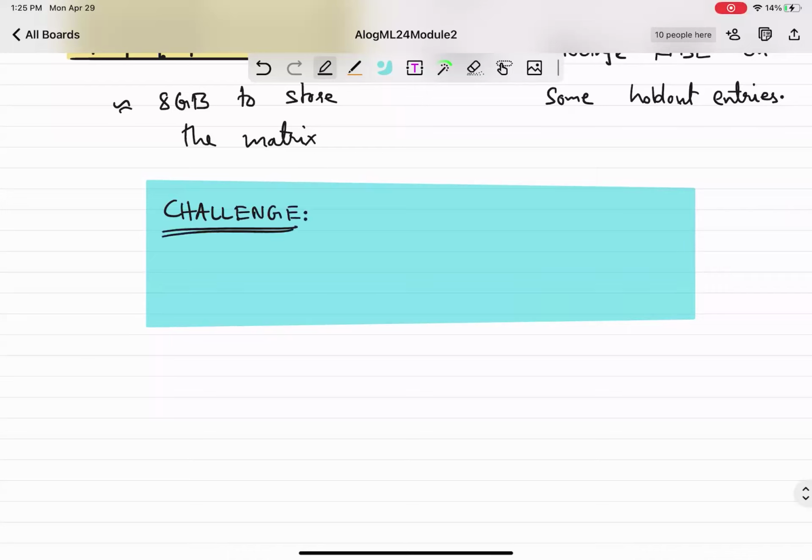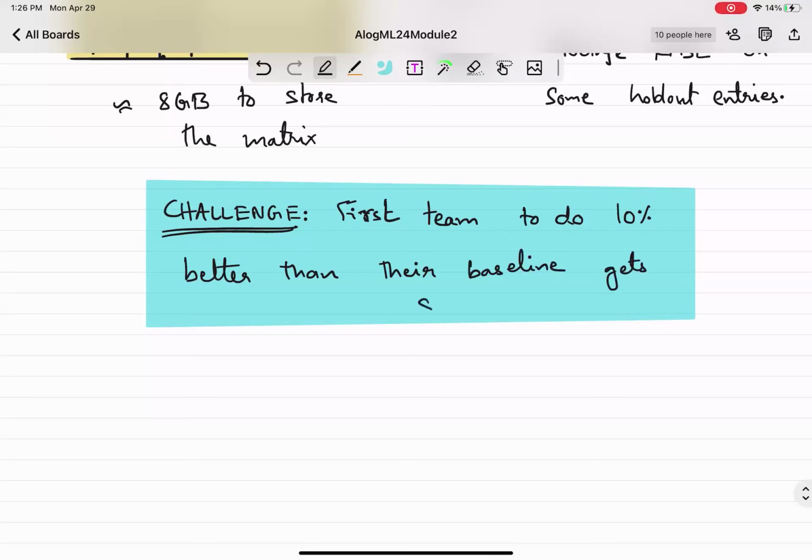The challenge they said was, we have a baseline method which gets this much accuracy. They had their own internal thing, and they said the first team to do better than 10% wins.